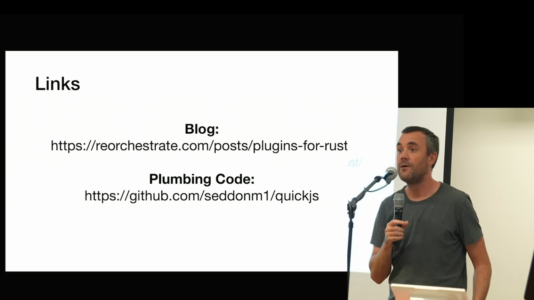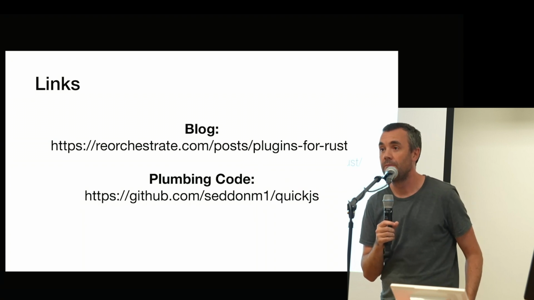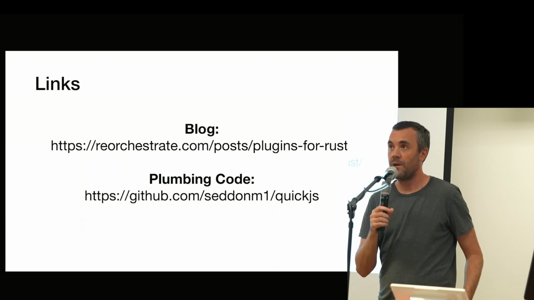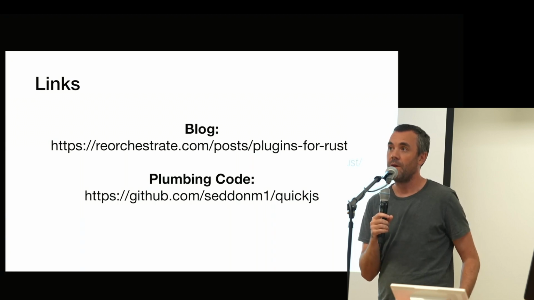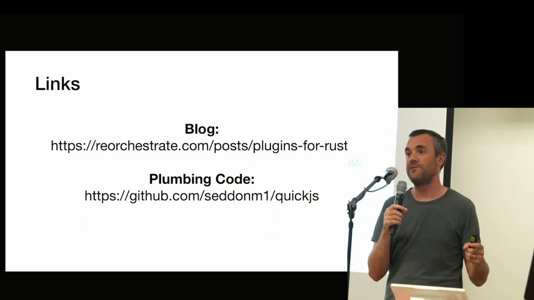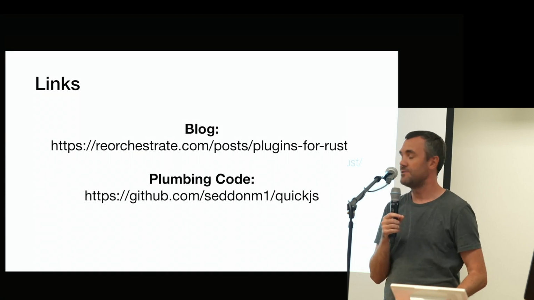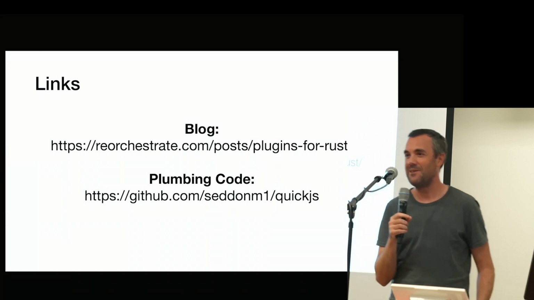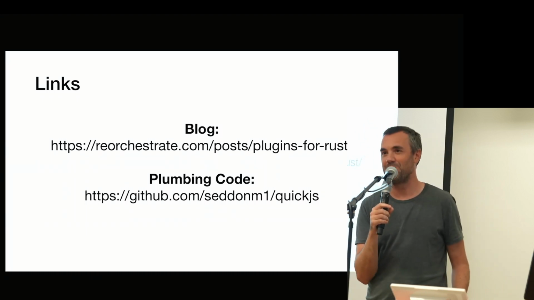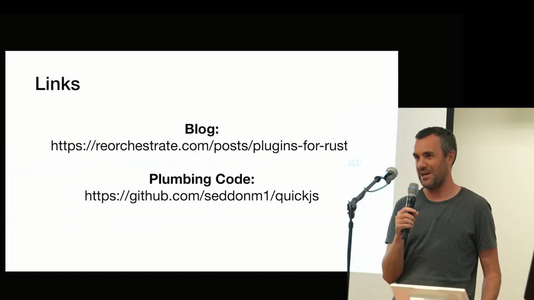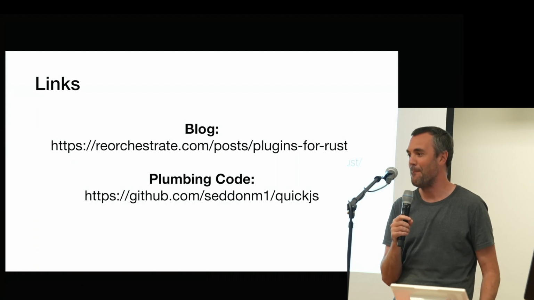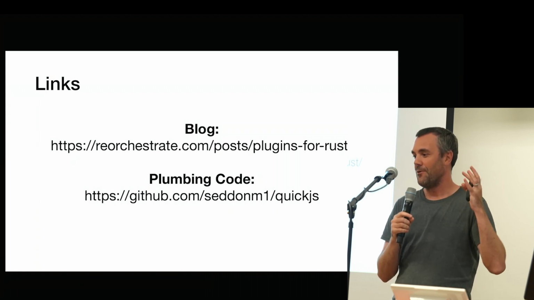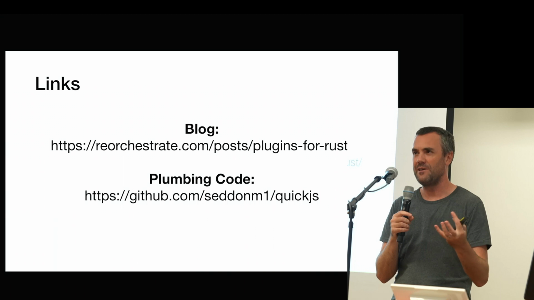What is the relationship between the JavaScript runtime and the Rust? Does it just instrument the Rust to do some work, or does it do actual work in the JavaScript? It's kind of the other way around. The relationship between Rust and the QuickJS runtime: QuickJS is, I think, a single C file.